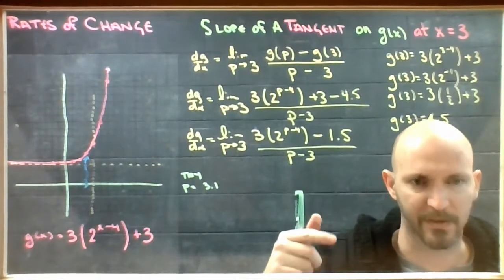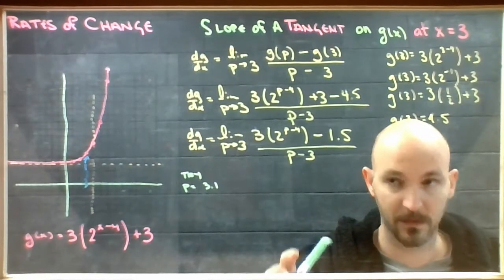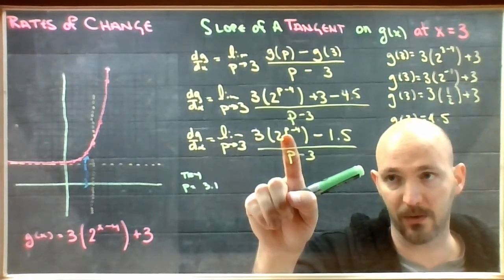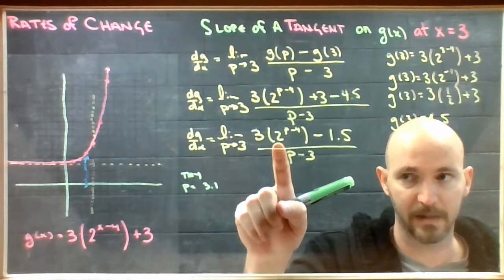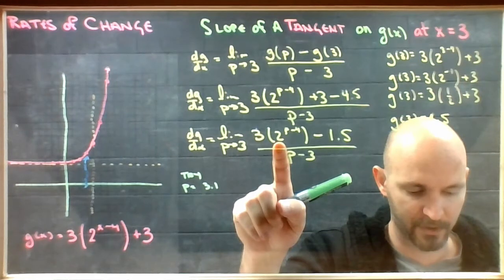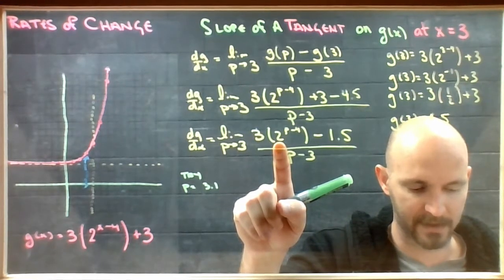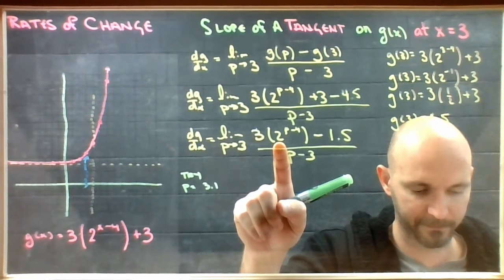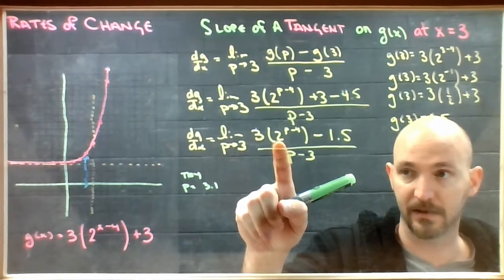I think I have the last question stuck in my brain. 3.1. If I put that 3.1 here, I'd have to do 3.1 minus 4 is negative 0.9. Then I would have to do 2 to the exponent negative 0.9, which gives me 0.535886 times 3.